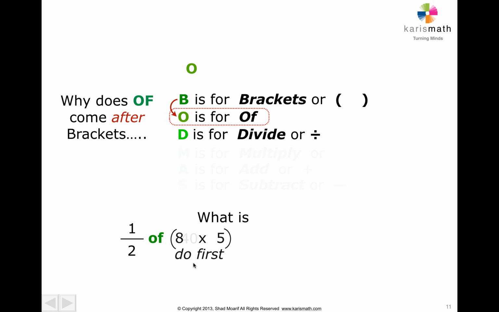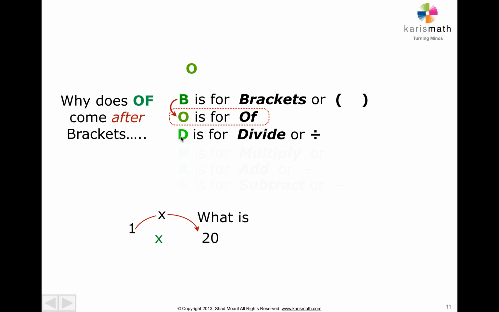And then you multiply. The bracket has to come first. And whatever was inside, you did that. Now you do half of 40. That's easy. Half of 40 we know is 20. And that's the answer. So that's one way of explaining why of comes after the brackets. Do the brackets first and then of.